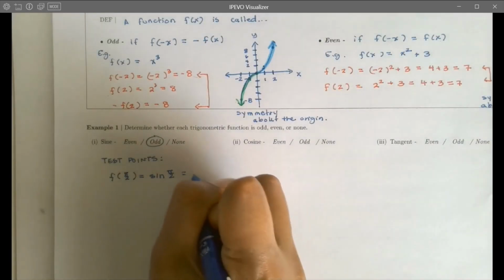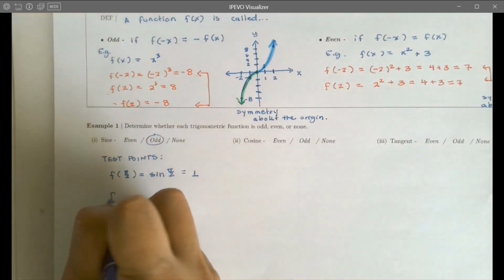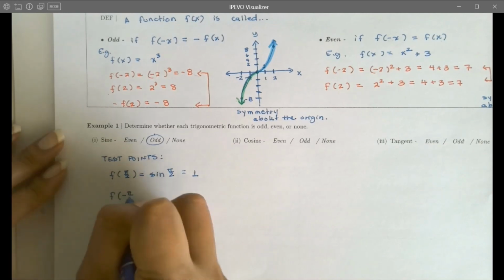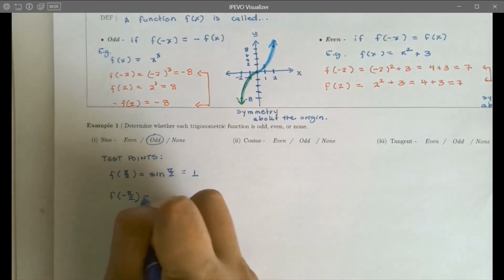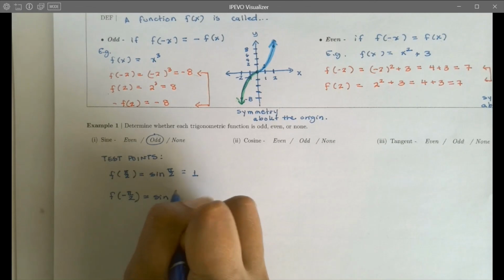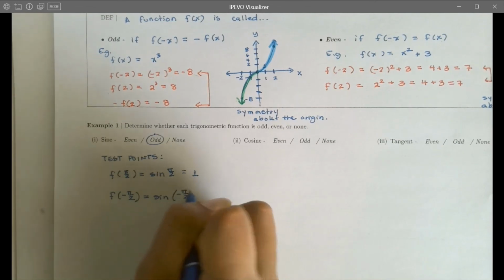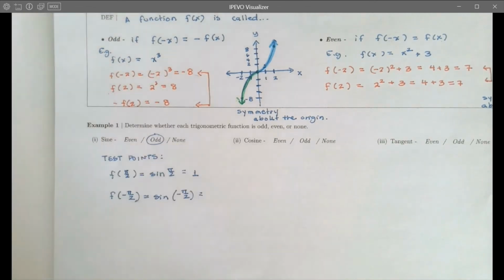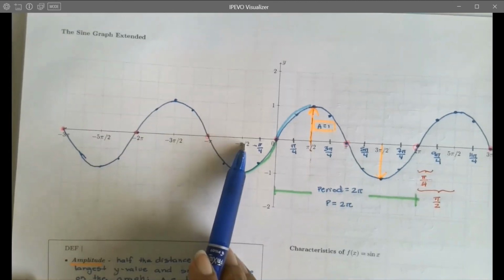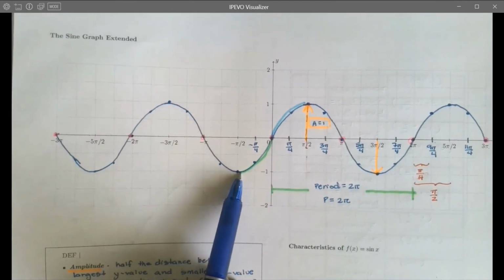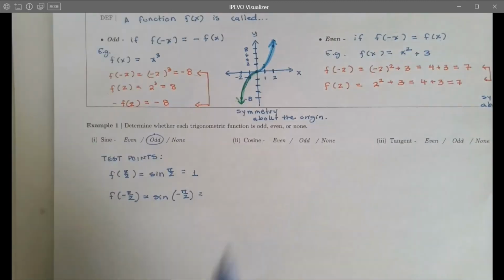So this is 1. Now if I check f of negative pi over 2, meaning if I plug negative pi over 2 into sine, here's negative pi over 2. For sine, we get a negative 1. So I get negative 1.